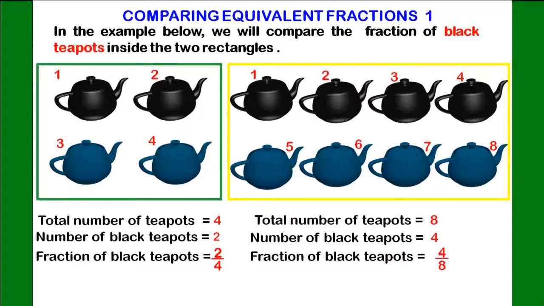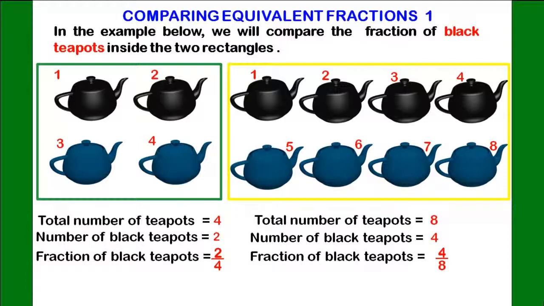Similarly, the whole or total number of teapots in the second rectangle is 8, and this represents the denominator, while the parts based on the color of the teapots are the 4 blue and the 4 black teapots. Since we are interested in finding the fraction of the black teapots in this rectangle, the numerator of the fraction will be 4.